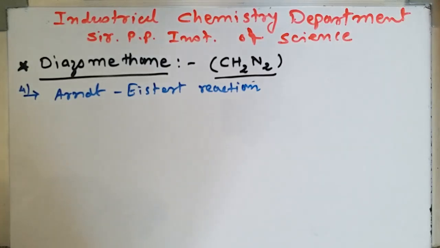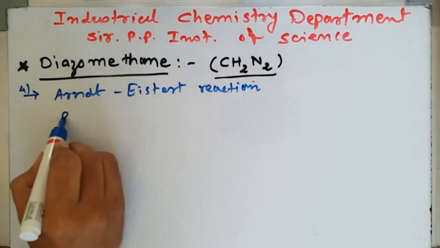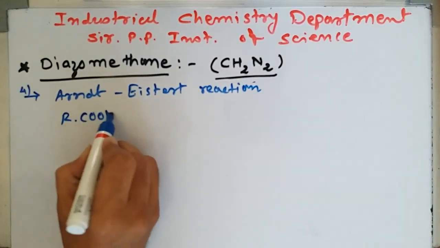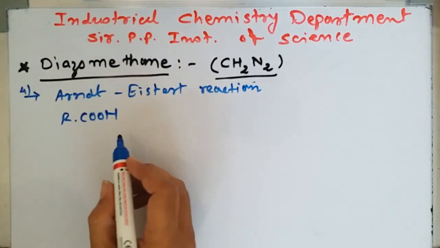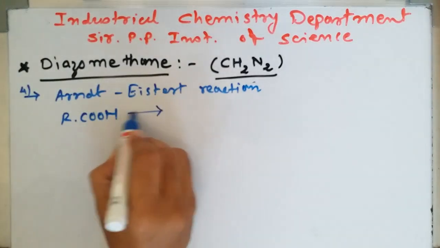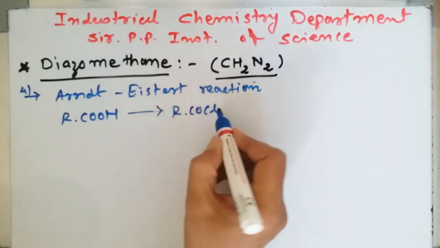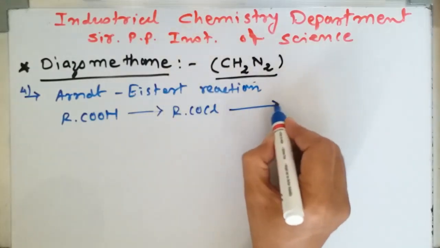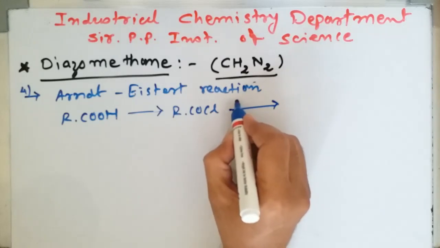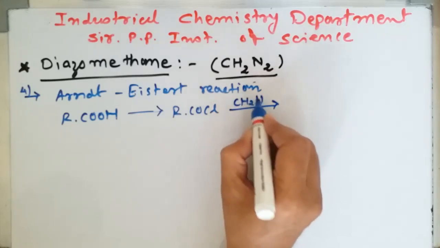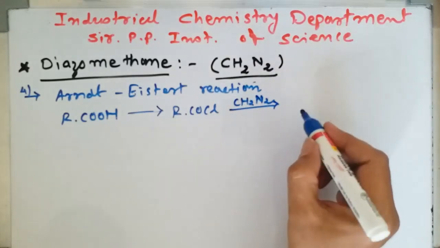For example, we have a carboxylic acid RCOOH. It is treated with thionyl chloride and gives RCOCl, and this compound is treated with diazomethane, CH2N2.